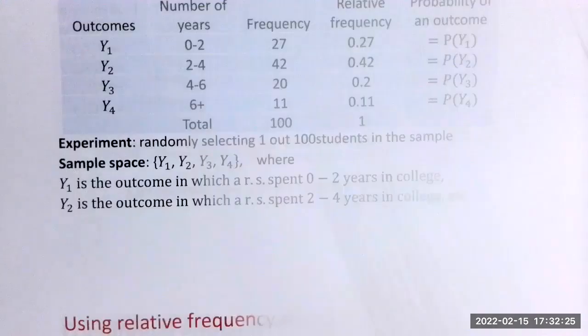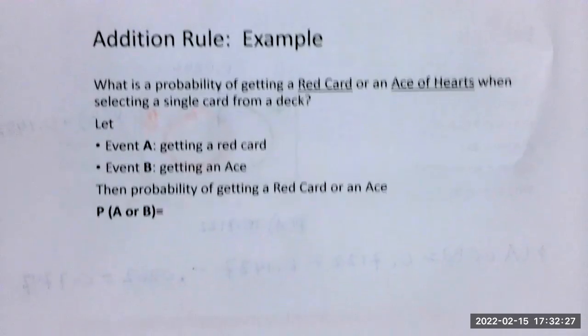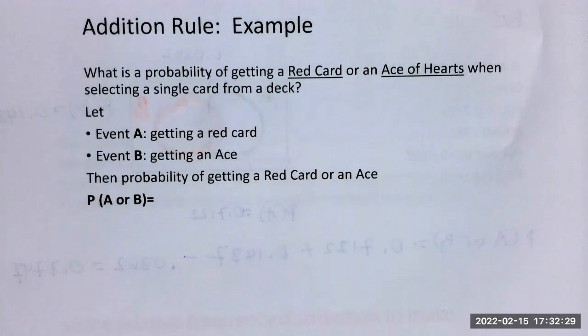Let's apply it. So here we have, what is the question? What is the probability of getting a red card or an ace of hearts when selecting a single card from a deck? We're gonna let event A represent getting a red card and event B represent an ace.